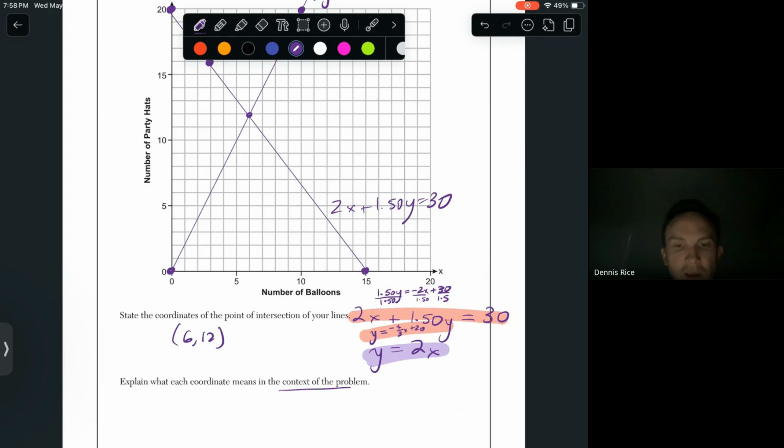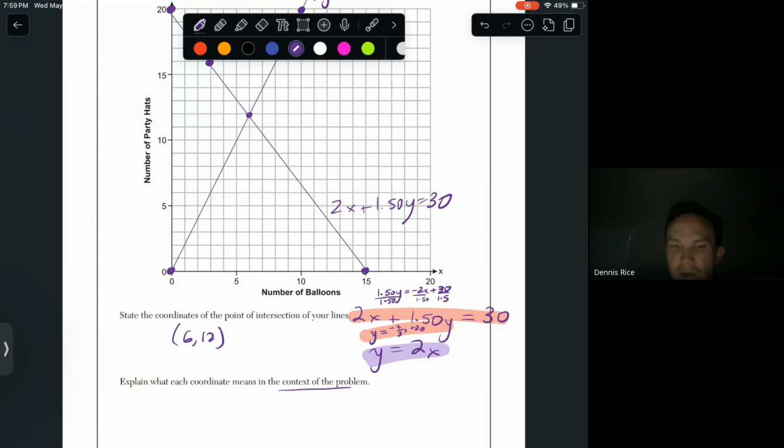You could say something like, in the context of the problem, it means that 6 balloons, referencing 6x, and 12 party hats, y, will be able to reach whatever her requirements were. She'll have double, and it will add up to whatever the dollar amount was, 30.